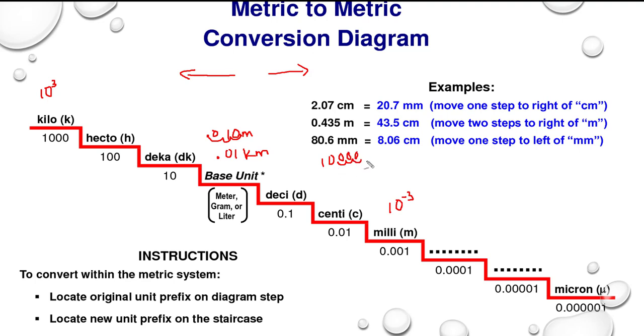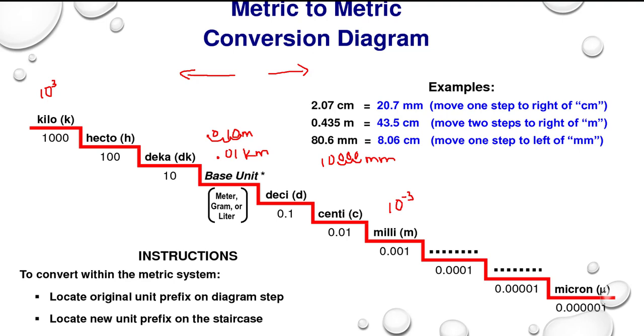So now I have 10,000 millimeters. So you can move the decimal point right or left, depending on which direction you're going. Here's a couple examples given to you in this example here.